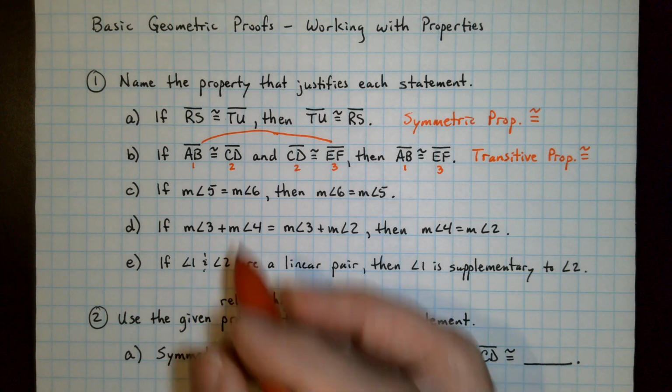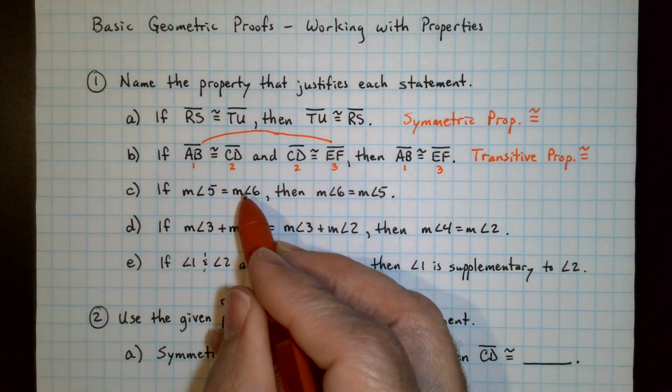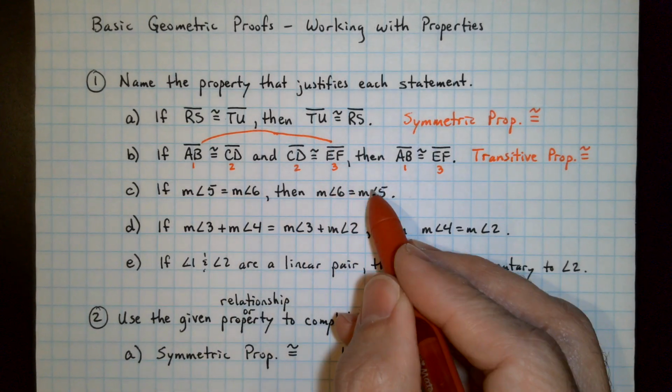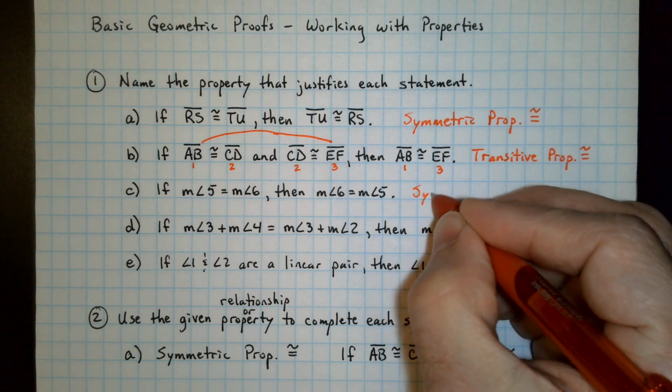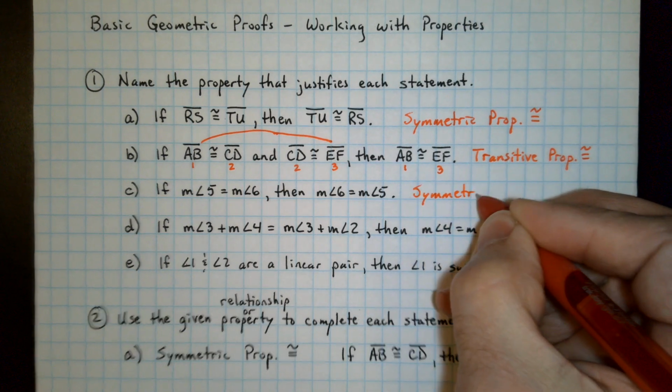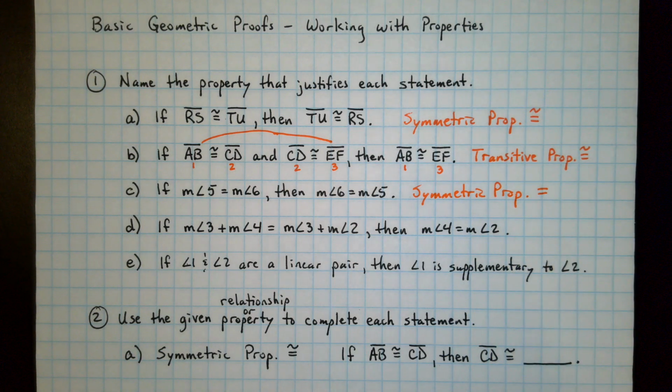Part C, this is actually just like part A. We're switching the sides, but it is equal this time. So even though it's symmetric, it is a property of equality, not congruence.